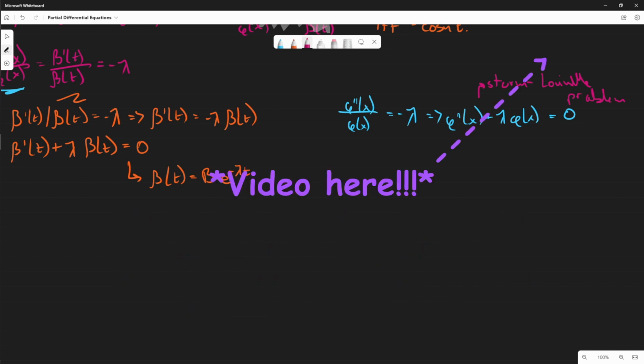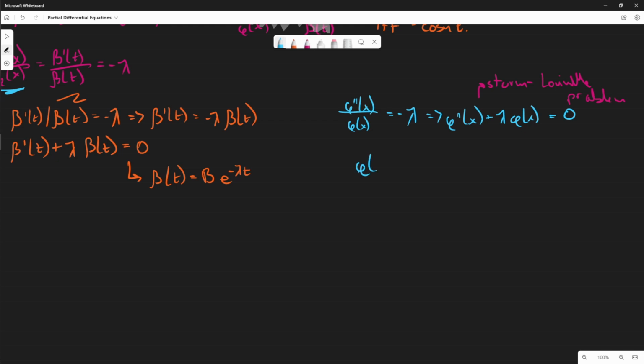We are going to get phi of x equal to some constant times sine of x times the square root of negative lambda, where the square root of negative lambda is equal to n minus 1/2, all times pi.